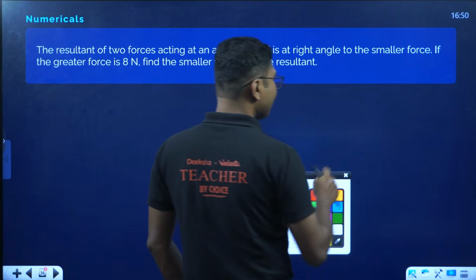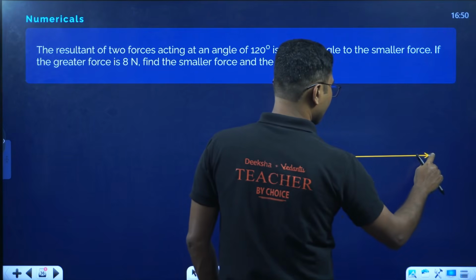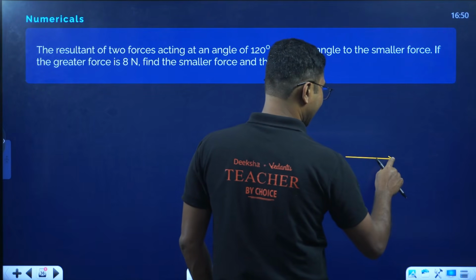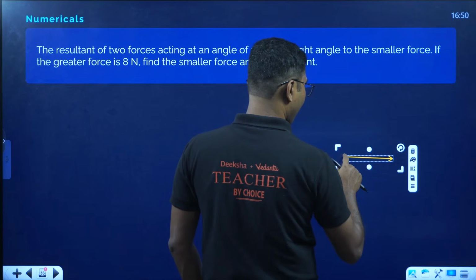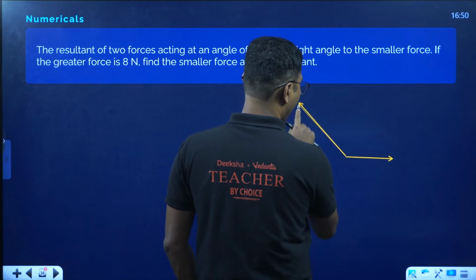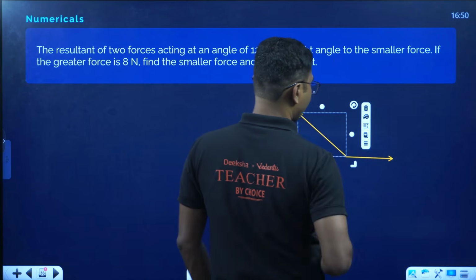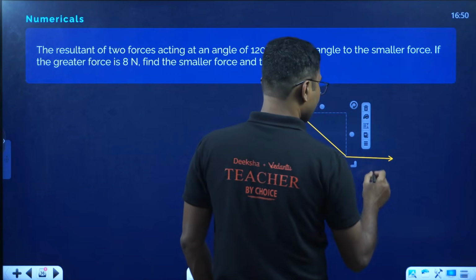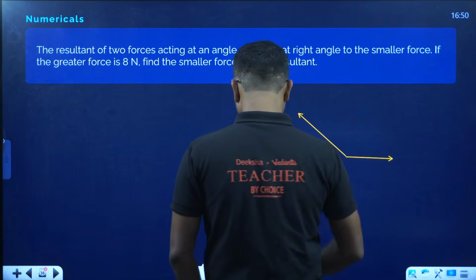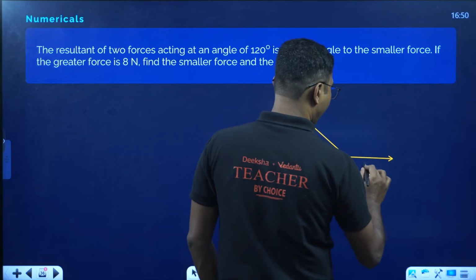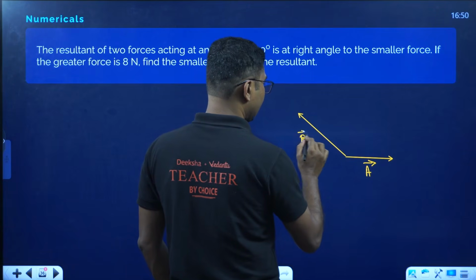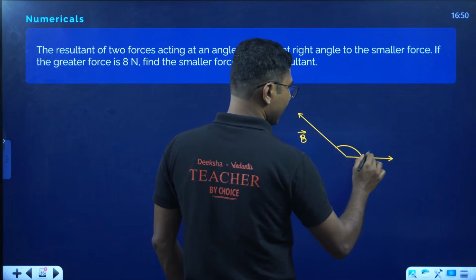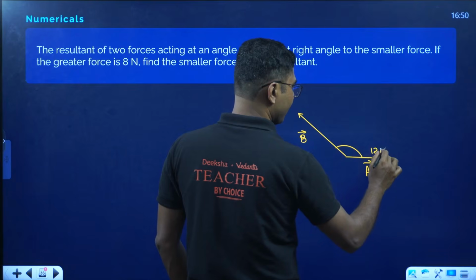Basically here we have two vectors. Suppose this is my smaller vector, say vector A, and this is my bigger vector, say vector B. The angle between them is given as 120 degrees.